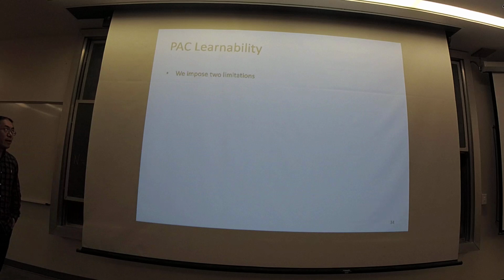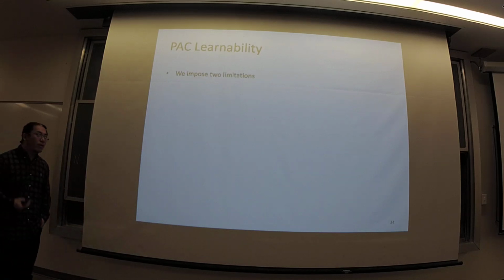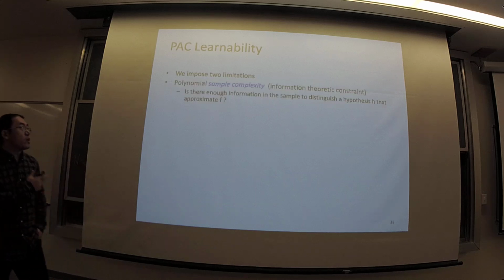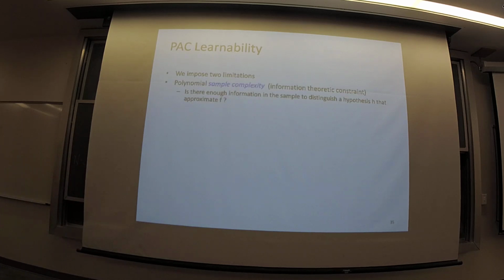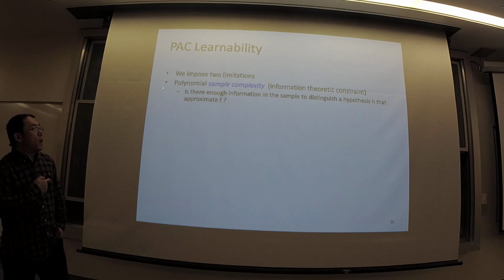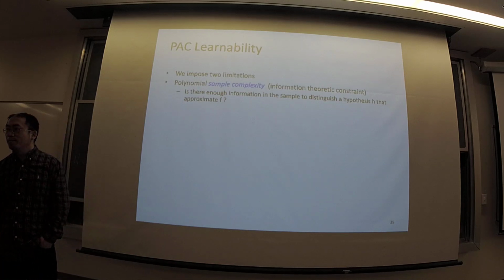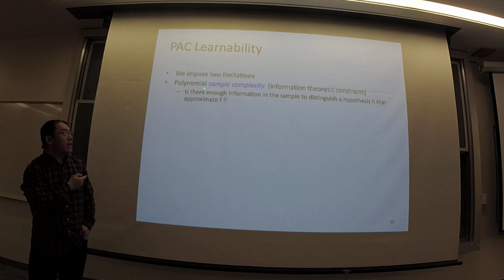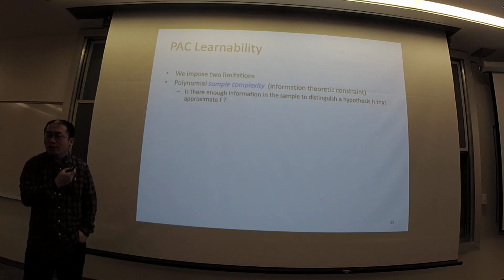So now let us look at what PAC learnability imposes. Actually, we impose 2 constraints. First, we require polynomial sample complexity. If your learning algorithm can be classified as PAC learnable, then it cannot use too many examples. Its sample complexity cannot be too high.